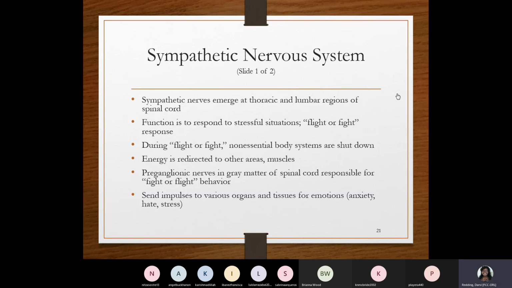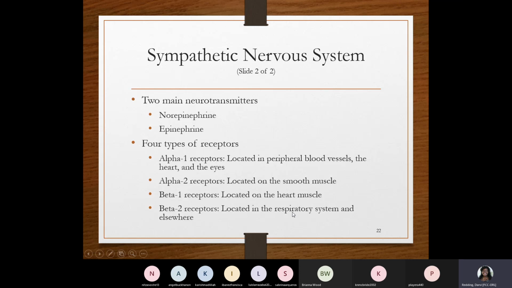The sympathetic nervous system nerves emerge at the thoracic as well as the lumbar regions of the spinal cord. And so within the sympathetic nervous system, there are, again, two main neurotransmitters. You have norepinephrine and epinephrine. Now, I talked about some of the types of receptors, but understanding where those work and where those are.